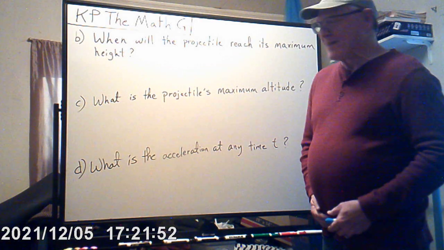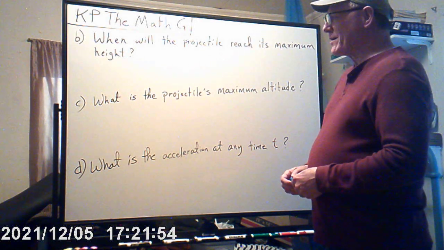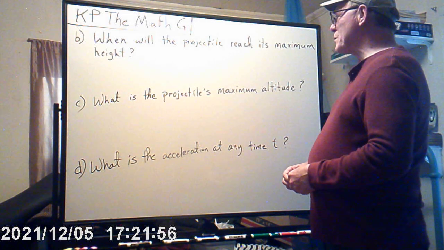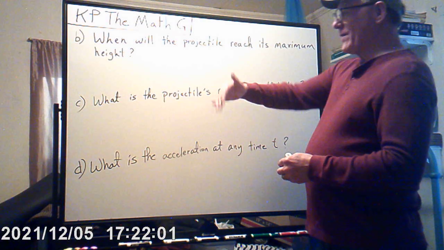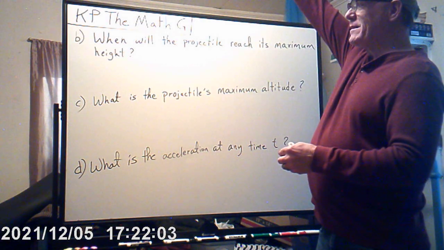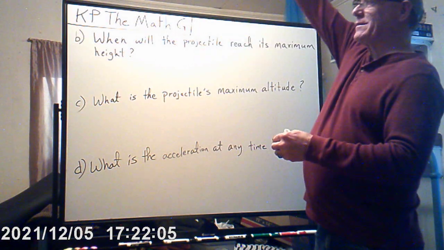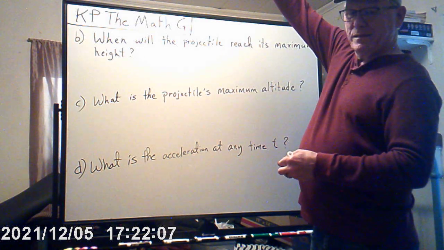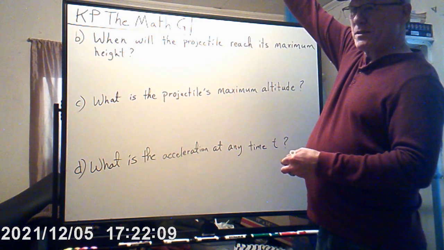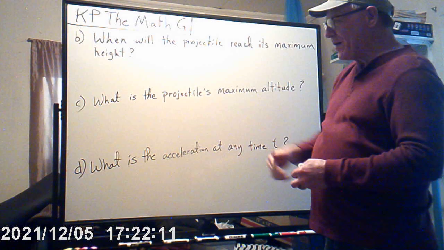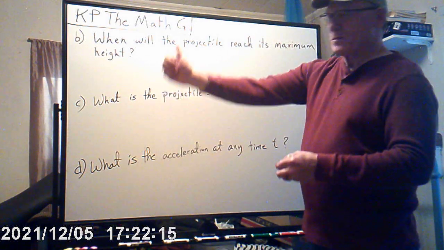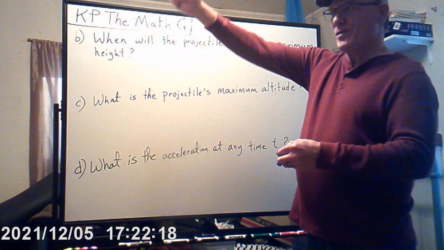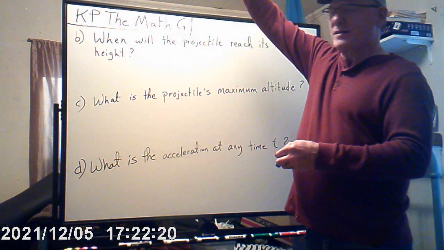Anyway, all right. Now, B part. When will the projectile reach its maximum height? Maximum height is the apex, or the highest point of this projectile. The velocity is fast, and it's going to slow down and finally get to zero.